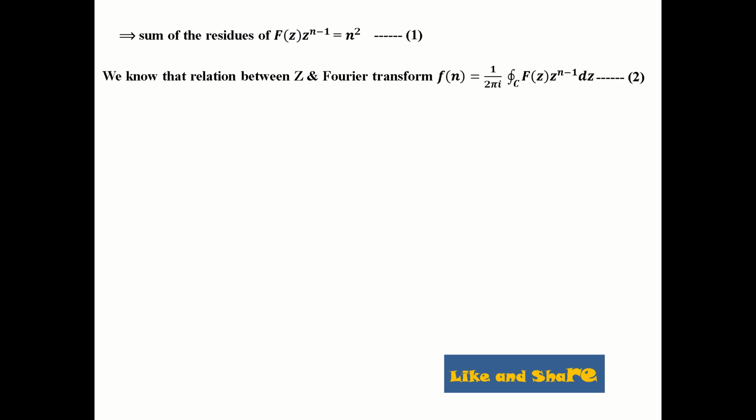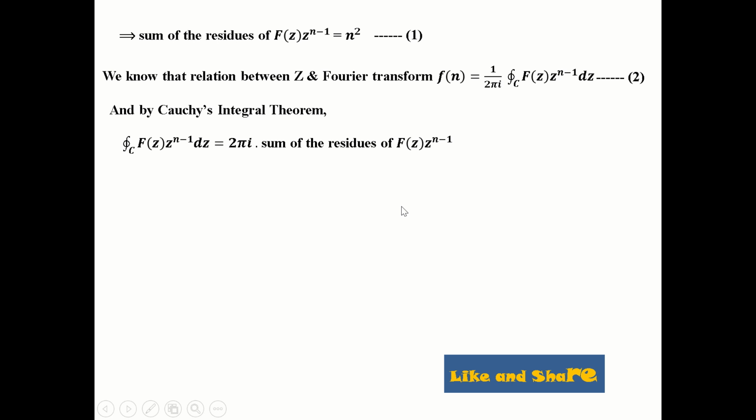That is also we know. Substituting both, you will get 1 by 2 pi i into 2 pi i times the residue of F of z power n minus 1, which is n square, right? So 2 pi i and 2 pi i get cancelled. So you will get n square. That is the inverse z transformation of the given function, right? That's all. Thanks. We'll see you in the next video.